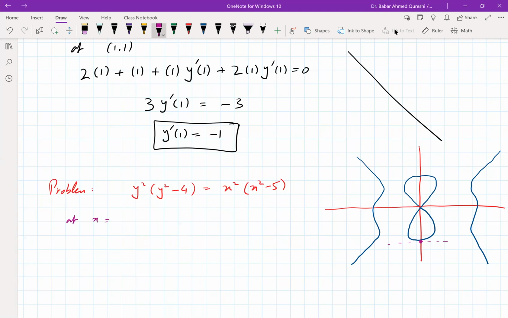At x is equal to 0, there are many different solutions you have. So I'm looking at x is equal to 0. So in this curve, when x is 0, this is satisfied.